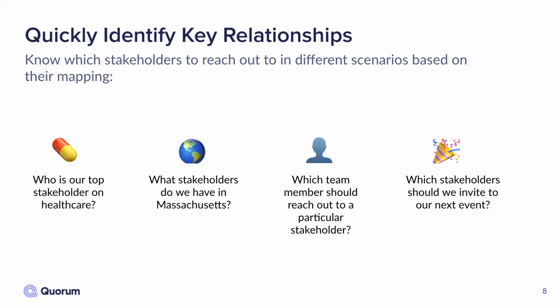Some questions they'll say are, I want to know who our top stakeholder is on healthcare. I want to know who we have in Massachusetts. What team member is going to be best suited to reach out to a particular stakeholder, or which stakeholder should we invite to our next event? These are all questions that Quorum can help answer using stakeholder mapping.